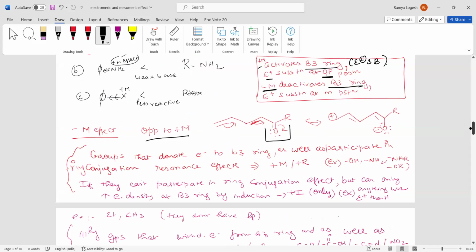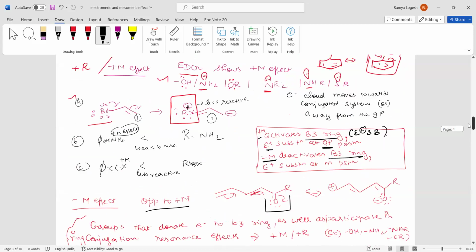This group that is present here is trying to pull the electron towards it. But whenever you have aniline, let it be an NH2 that is present on the benzene with a lone pair of electrons, that shifts its electrons towards benzene. But here, what is happening? The group that is present is pulling the electrons from the pi bonds. So this is minus M effect.